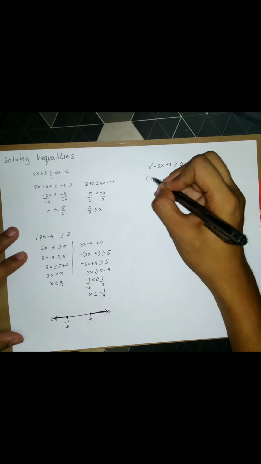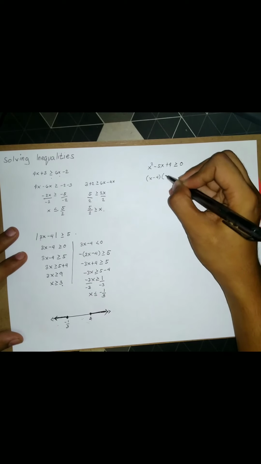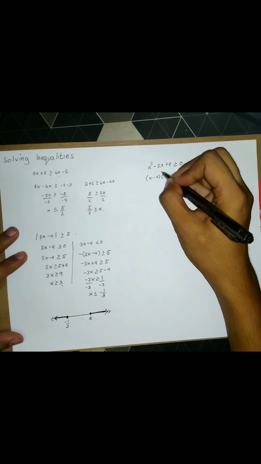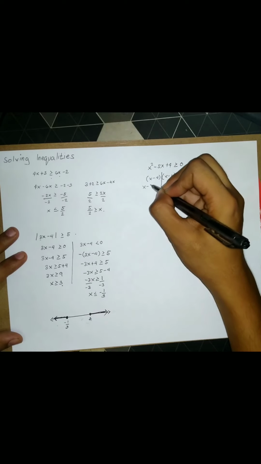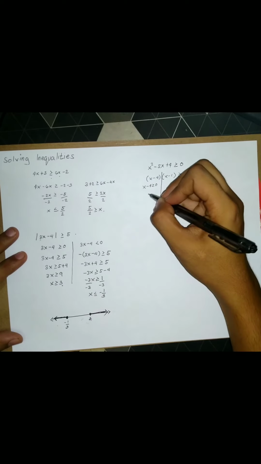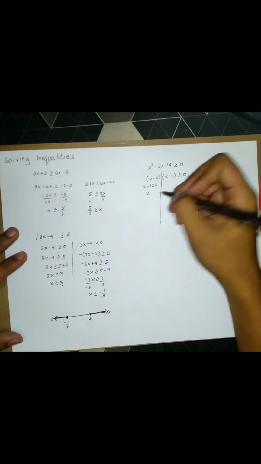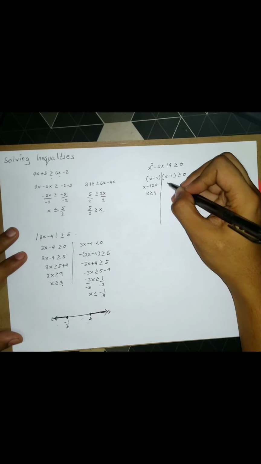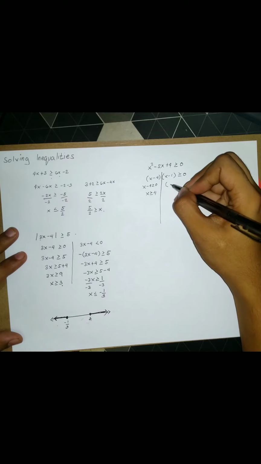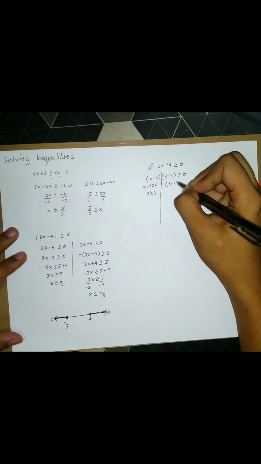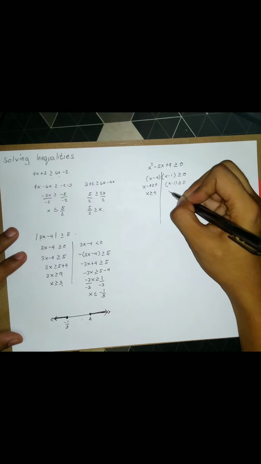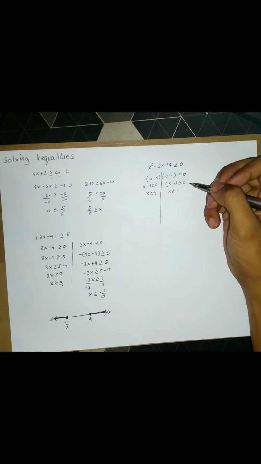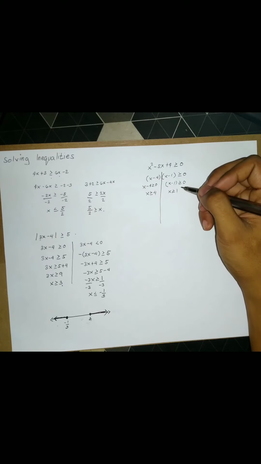So this is actually x minus 4 times x minus 1 is greater than or equal to 0. So x minus 4 greater than or equal to 0 gives us x is greater than or equal to 4. X minus 1 is greater than or equal to 0 gives us x is probably greater than or equal to 1. Now, which among these two would be the correct solution?